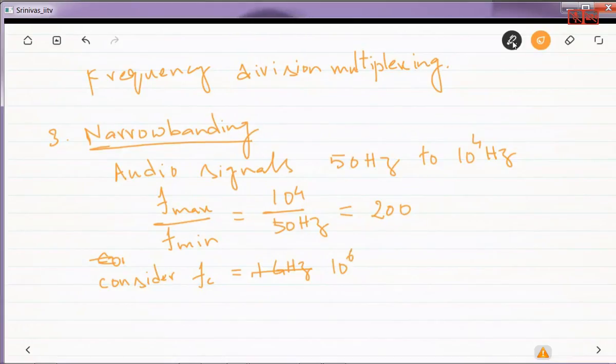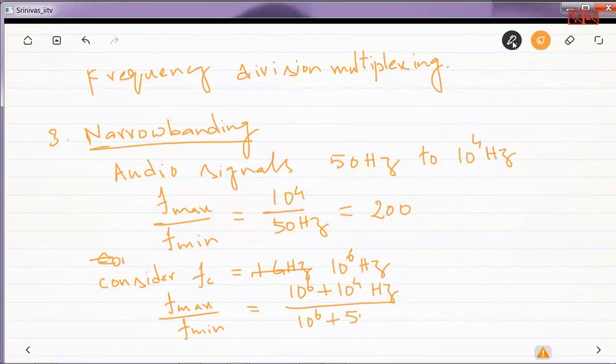Then if you simply compute f max by f min, if you translate this with a carrier frequency of 10 power 6 hertz, your max will be 10 power 6 plus 10 power 4 hertz divided by 10 power 6 plus 50 hertz. So this approximately is 1.01, right?